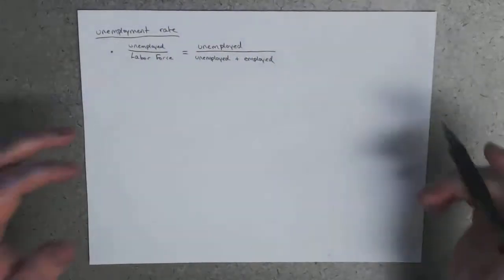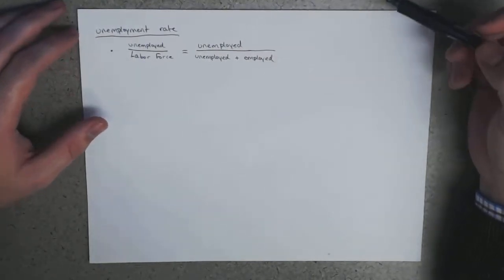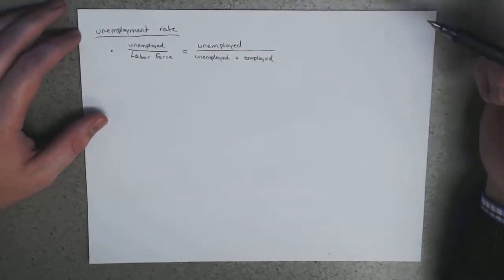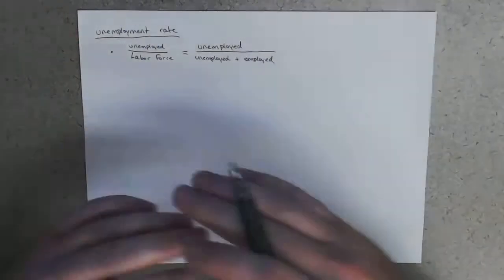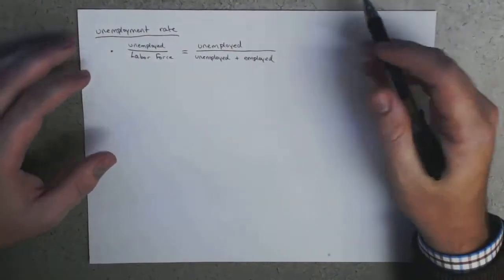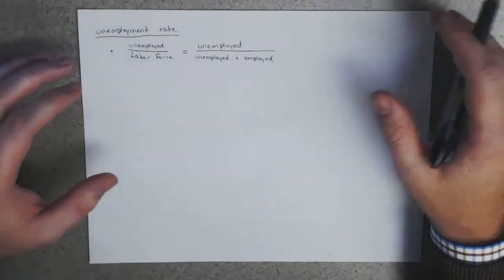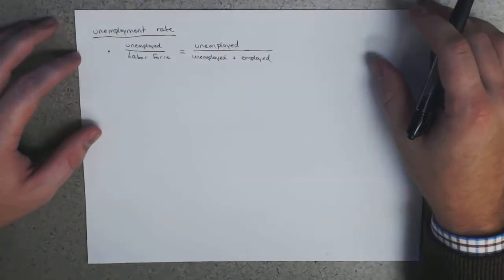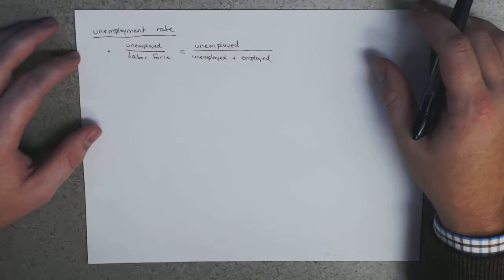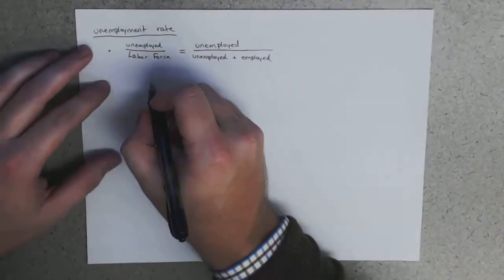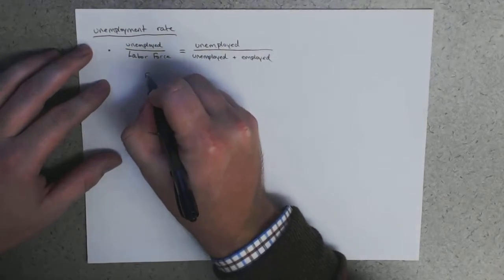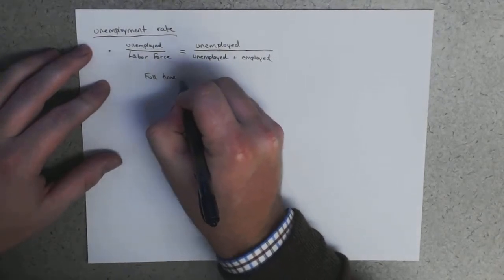Okay, so this is essentially the percentage of people that are working or looking for work that are looking for work. Okay, and so when we think of it this way, there's lots of ways that we can sort of manipulate this number. So we used to say, you count as employed only if you're working full time, right?